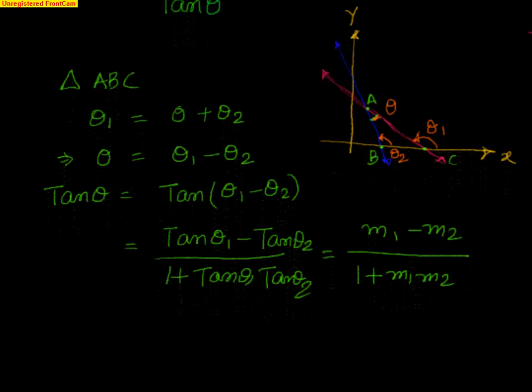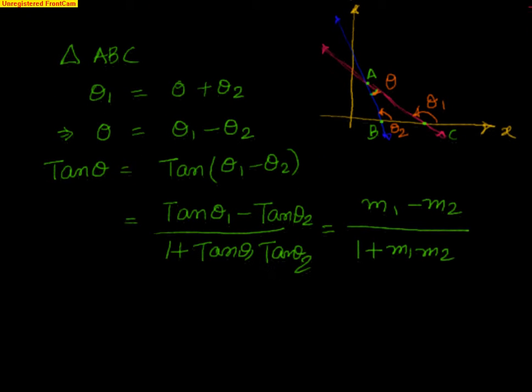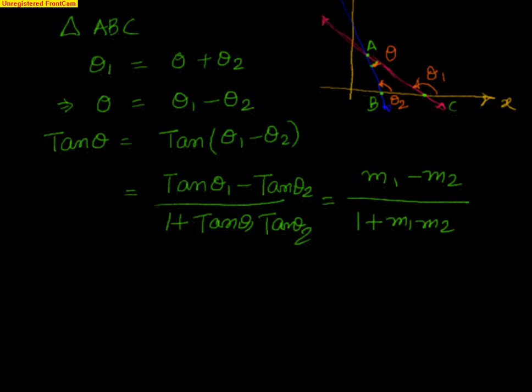Okay. Now suppose you have been given the equations like this, right? a1x plus b1y plus c1 equal to 0 and a2x plus b2y plus c2 equal to 0, right?